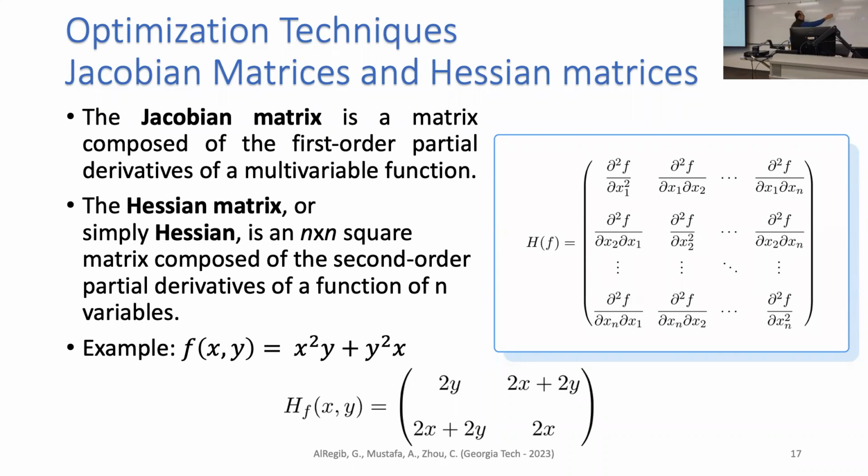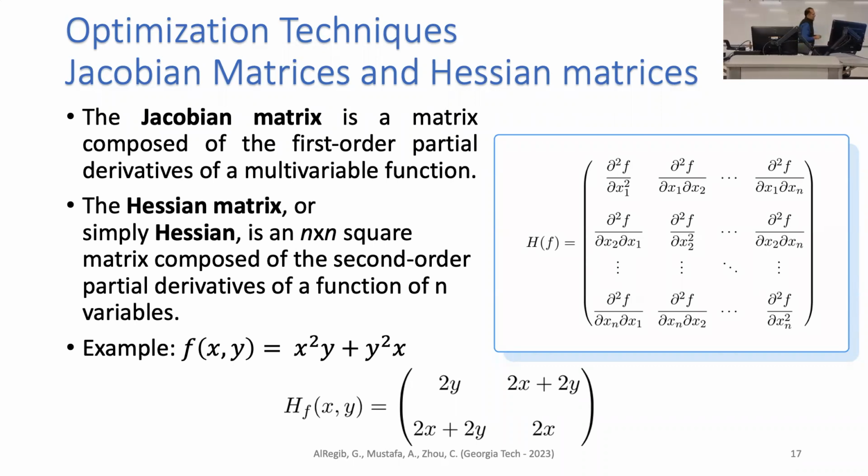Take the derivative of this with respect to x and then y. What will you get? With respect to y, 2x plus 2y. This one with respect to x, exactly. What will you get? 2x plus 2y, right?